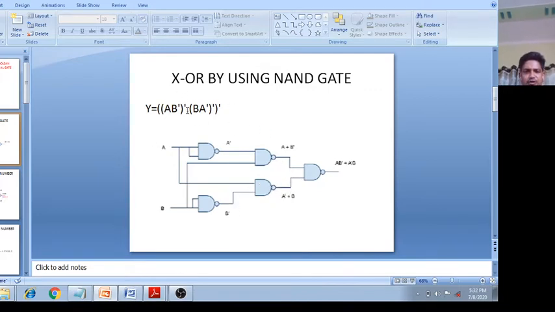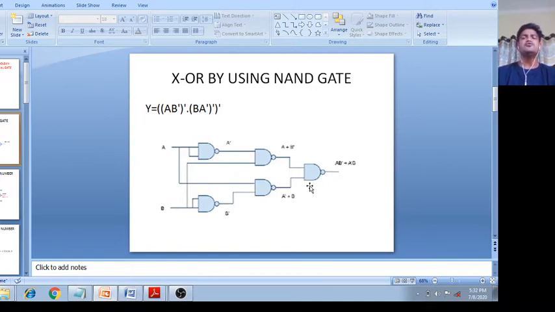Then again there is dot, so this AND gate and whole complement, this is again a NAND gate. But now you can analyze one thing. Now you are able to implement any Boolean function by using NAND gate or NOR gate, but in this case you are using 5 NAND gates.